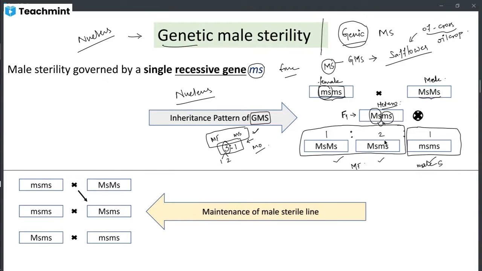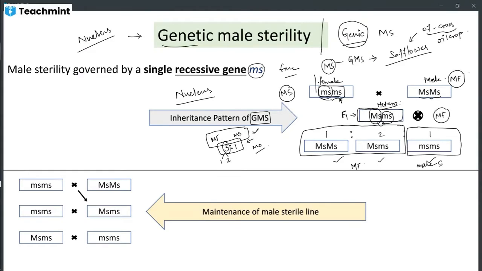Now coming to how you maintain the male sterile line. If you cross a female with a male, we can call this female the male sterile, and this the male fertile line. If you cross this male sterile with the male fertile line, you will always get male fertile. So how do you maintain the male sterile line?